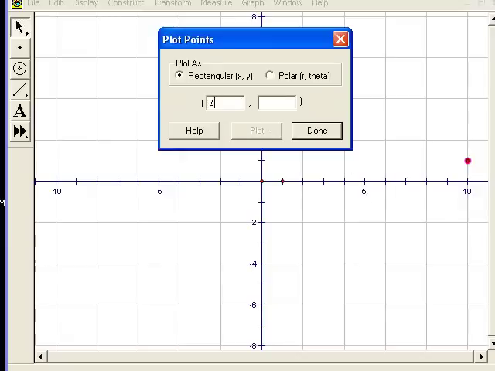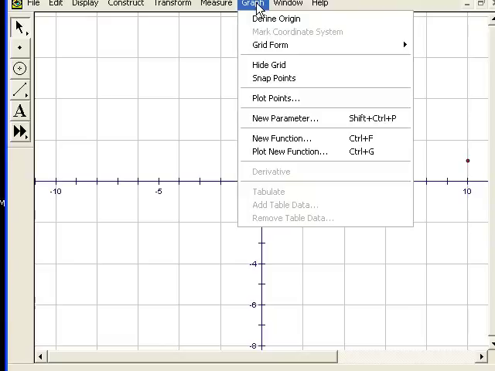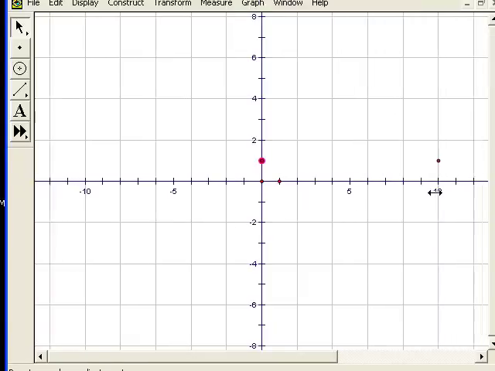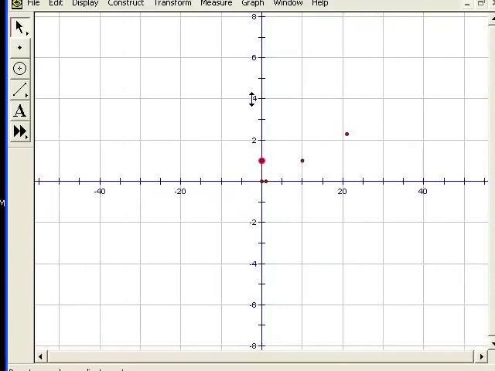Now if I had 21 degrees and I had 2.3 meters per second squared acceleration, I hit plot again, and I will have plotted another point. In Geometer Sketchpad, it's usually a good idea to keep the rectangular grid form, and then after you get your points plotted, you can change your grid so that you can get something that makes sense.